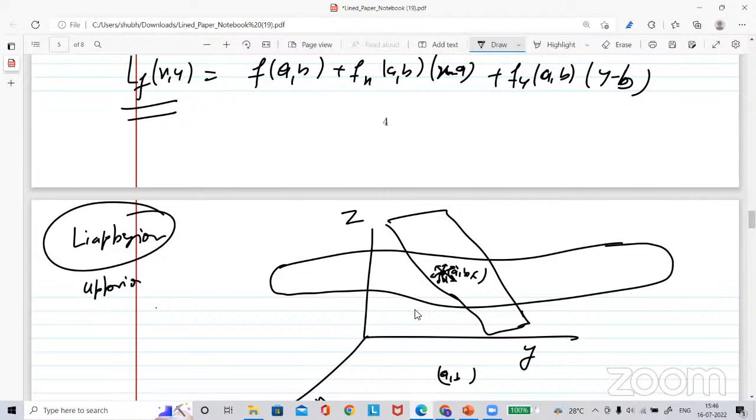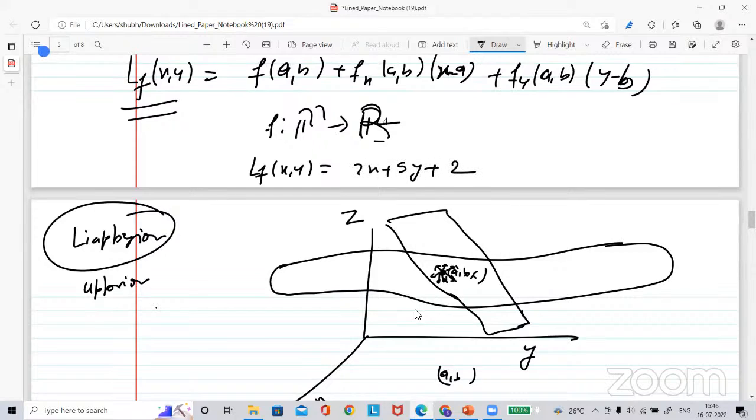Suppose you don't know your function, and somebody gave it like this. Suppose your function is from R2 to R, and it is said that the linear approximation for this function is 2x plus 5y plus 2. This is given for your function.